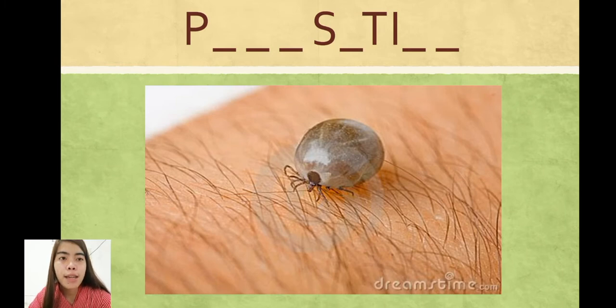It's like it is infecting the human. Okay, use the letters as clue. Okay, 5, 4, 3, 2, 1. Next picture.